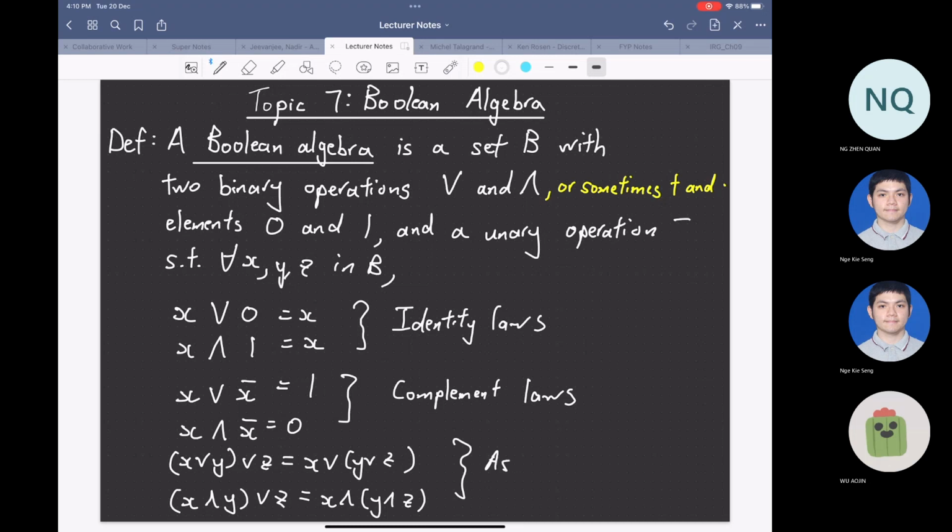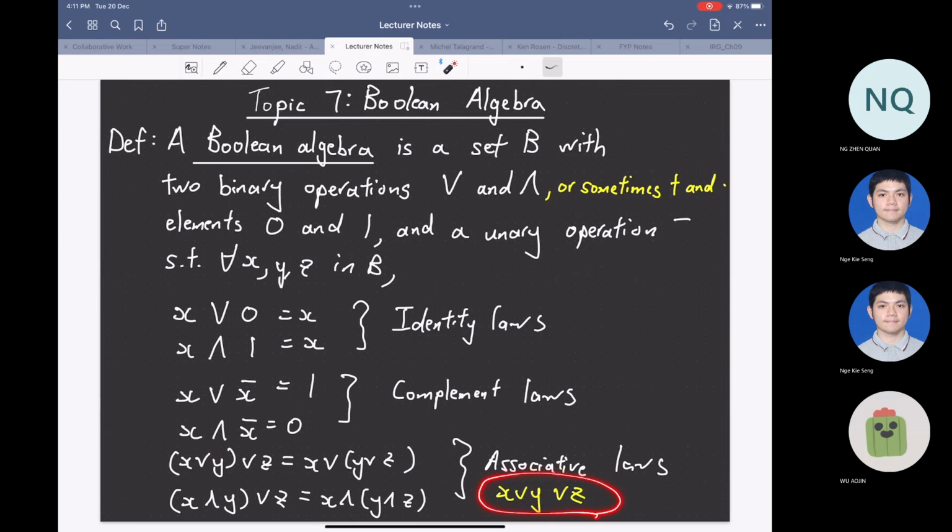You can combine the left first, or you can combine the right first, and they are the same. So there's no ambiguity in writing X or Y or Z, because combining the right first or the left first gives the same result.